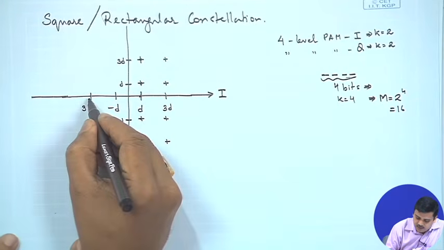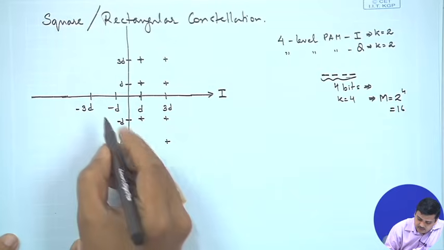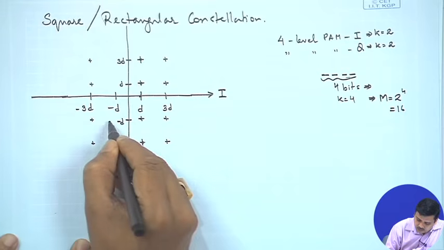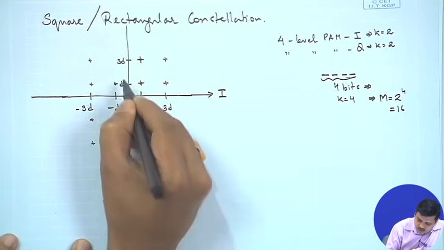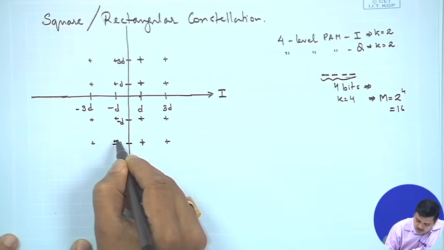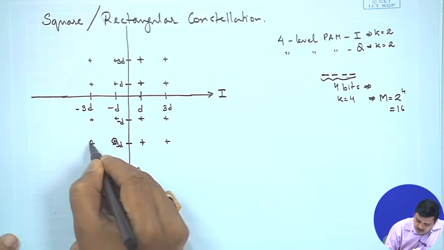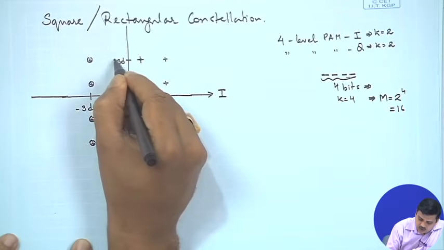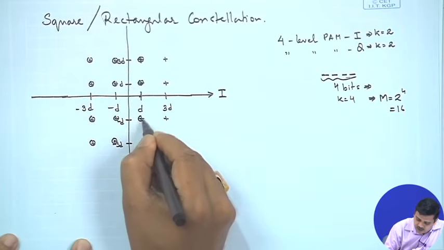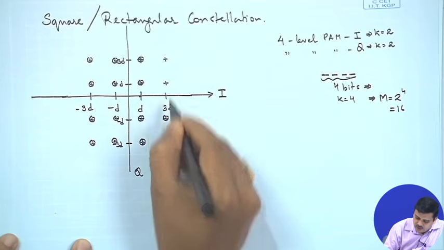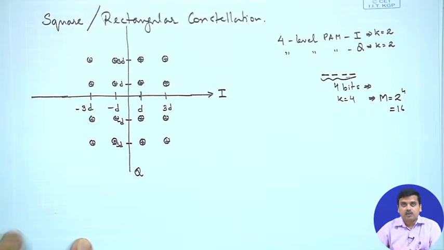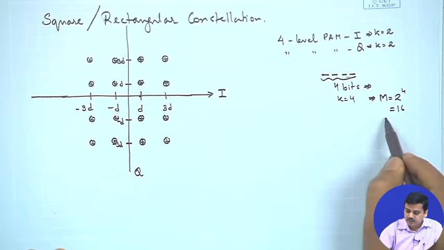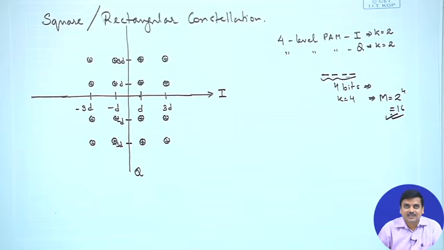When my I is minus 3d, again I am going to get all these possible points. There is a point here. So, these circled plus marks are all possible constellation points that get generated if we think in terms of the PAM signal. If we count the total number of such constellation points, it matches our number of 16.